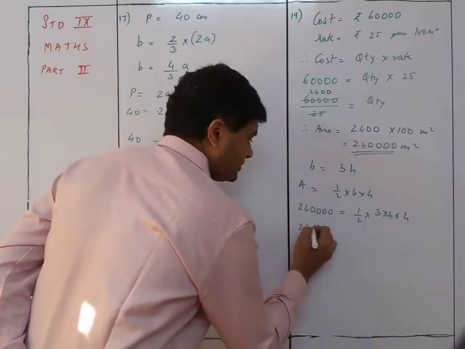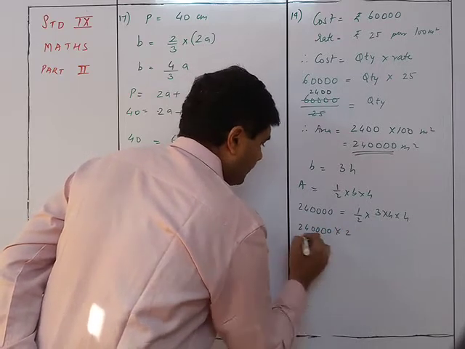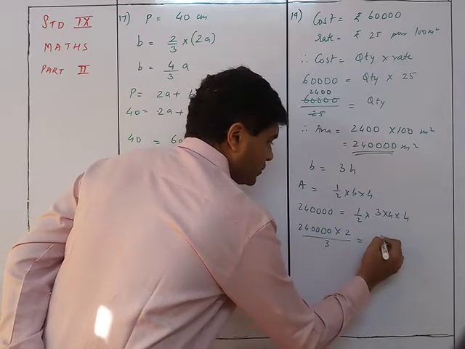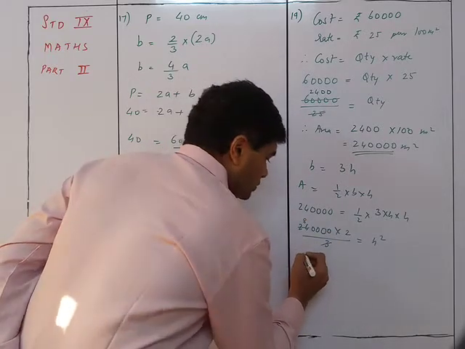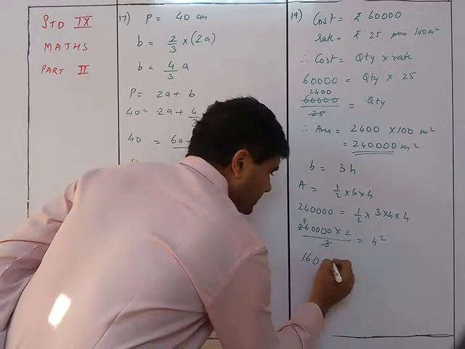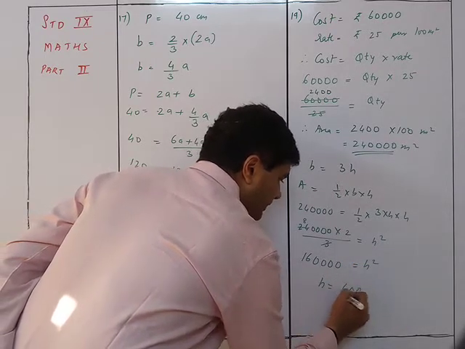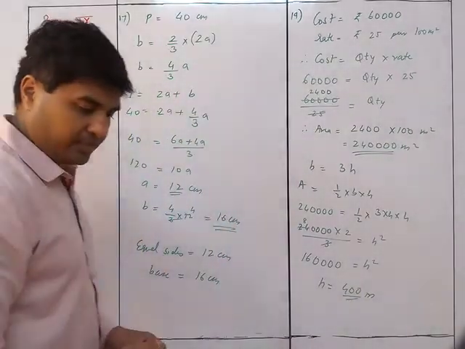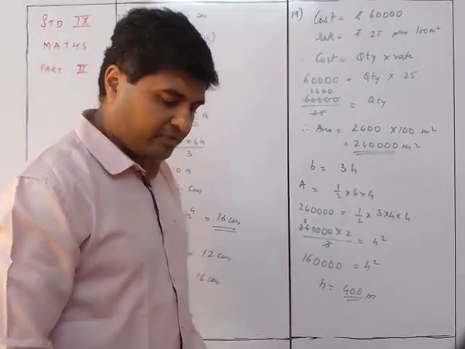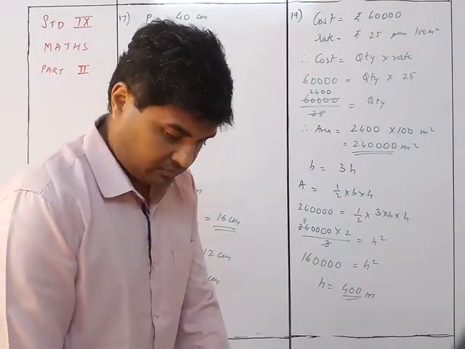So it's 240000 into 2 upon 3 is equal to h square. So 160000 is equal to h square. So h is equal to 400 meters. So the height of the triangle is 400 meters.